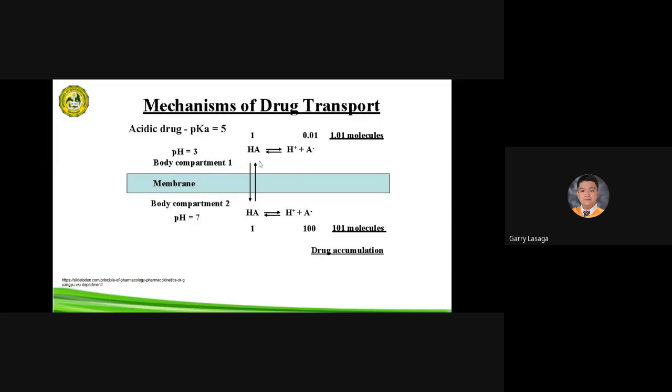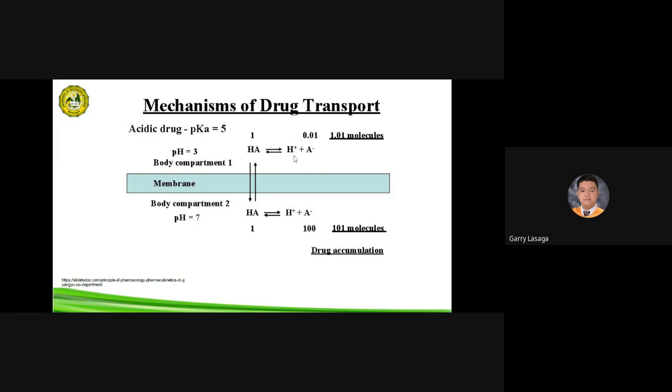So here we have an acid. HA refers to the unprotonated form of the weak acid. A minus here refers to the conjugate base, or the ionized form of our weak acid.